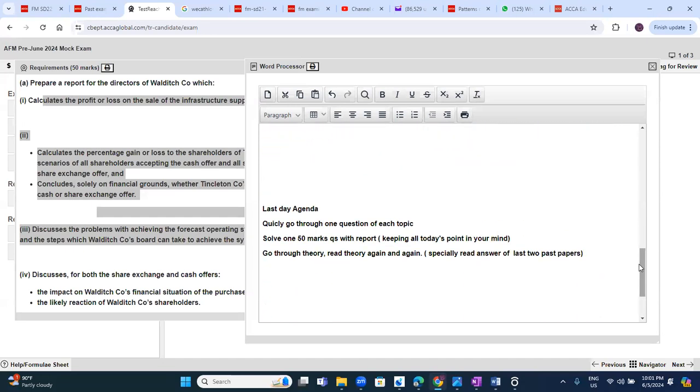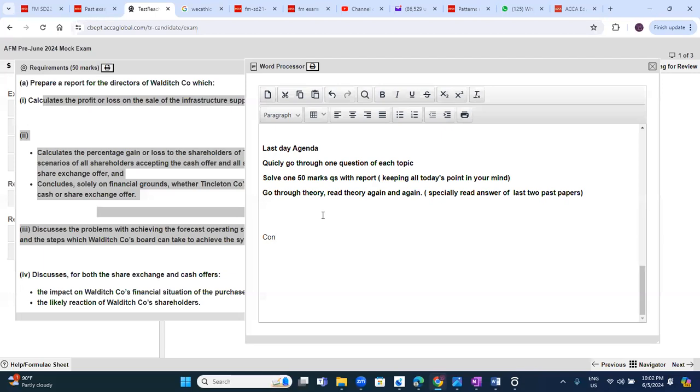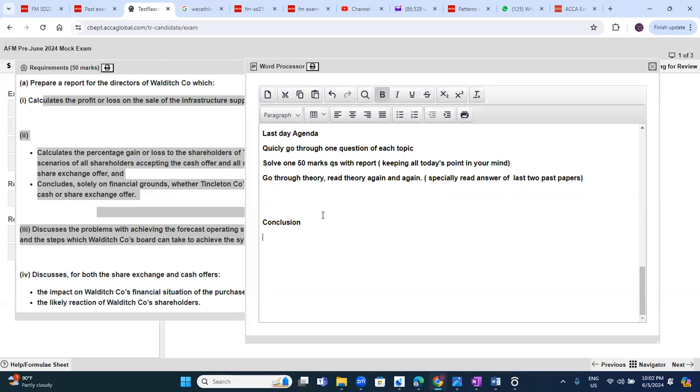Conclusion, like if I have to give a conclusion of any investment appraisal question or merger acquisition question, especially this question, you should write the name of the company. Okay. Company should sell the division as it is generating cash for the business and acquire the target.